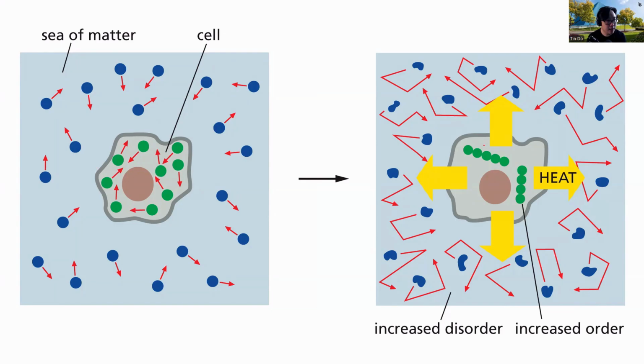However, as we are performing an orderly positioning right here in this cell, and I'm drawing with my mouse now, where we're creating these organized molecules, we've increased the order within the cell itself. It requires energy. It requires a certain amount of heat being released.